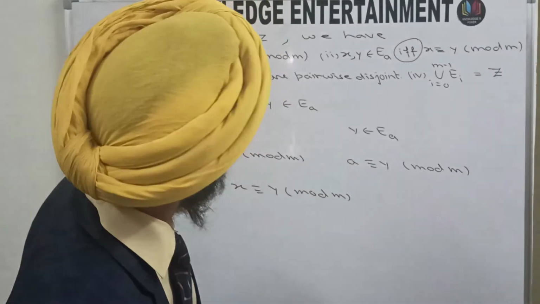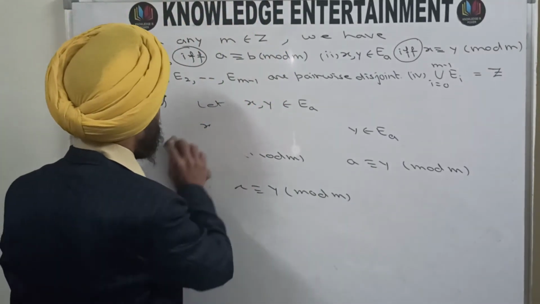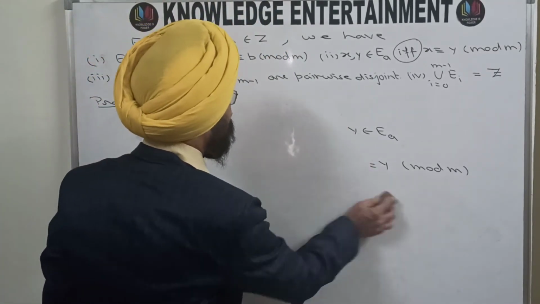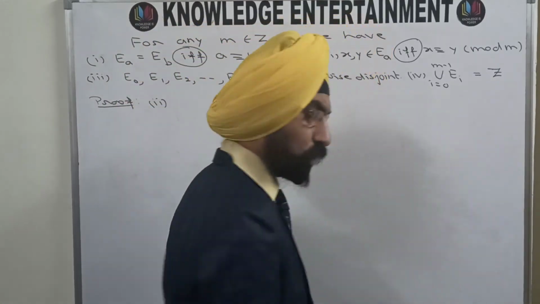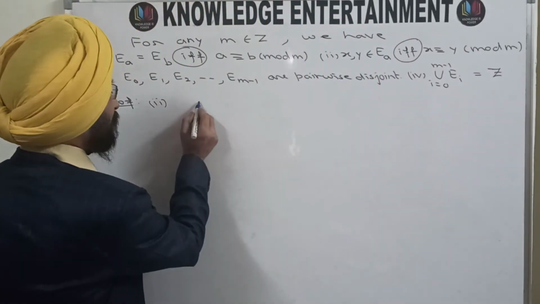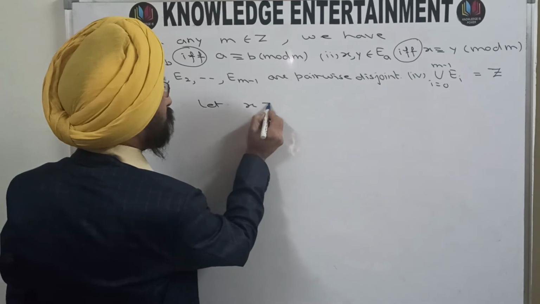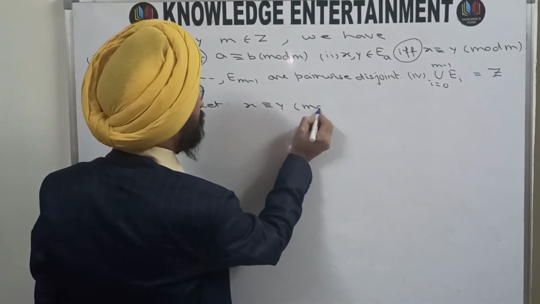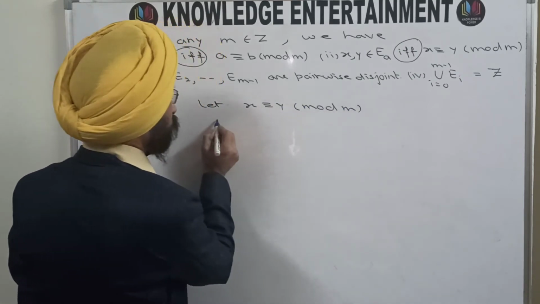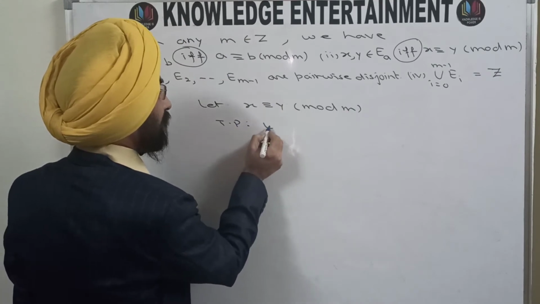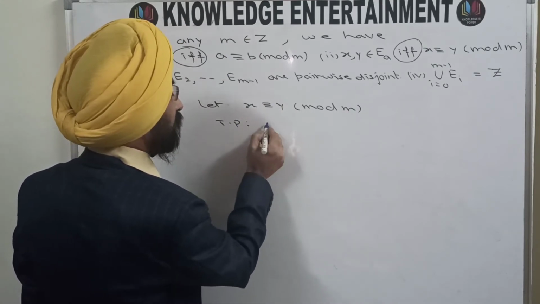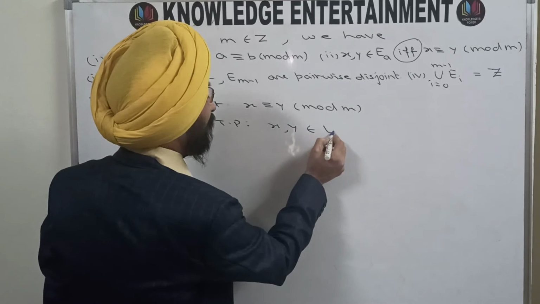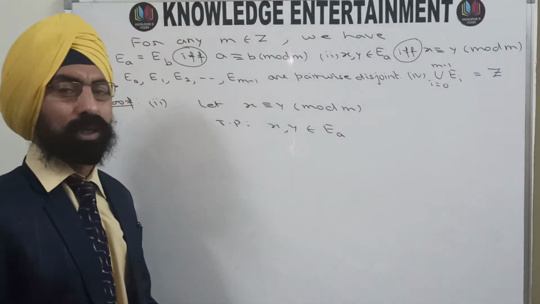Now we will move on to the converse. Conversely, suppose that x is congruent to y mod m. What we are to prove now is that x and y are both in the same residue class.